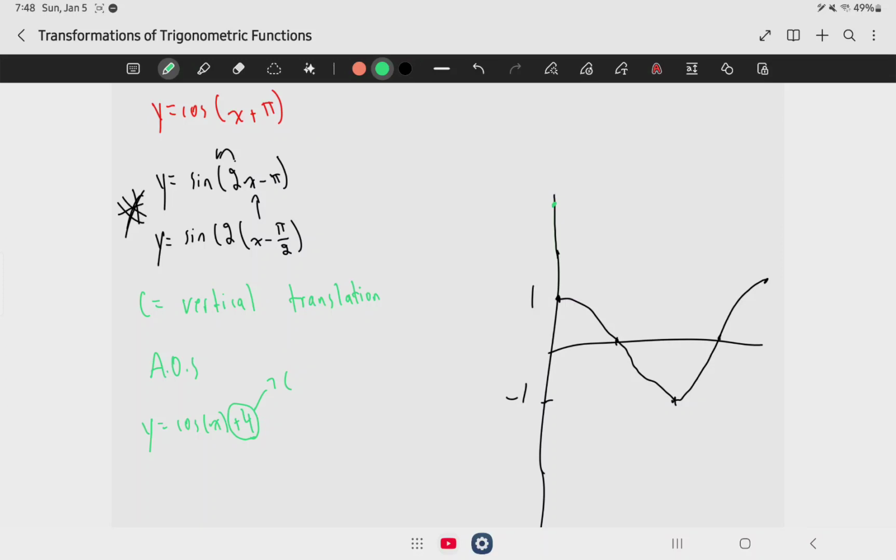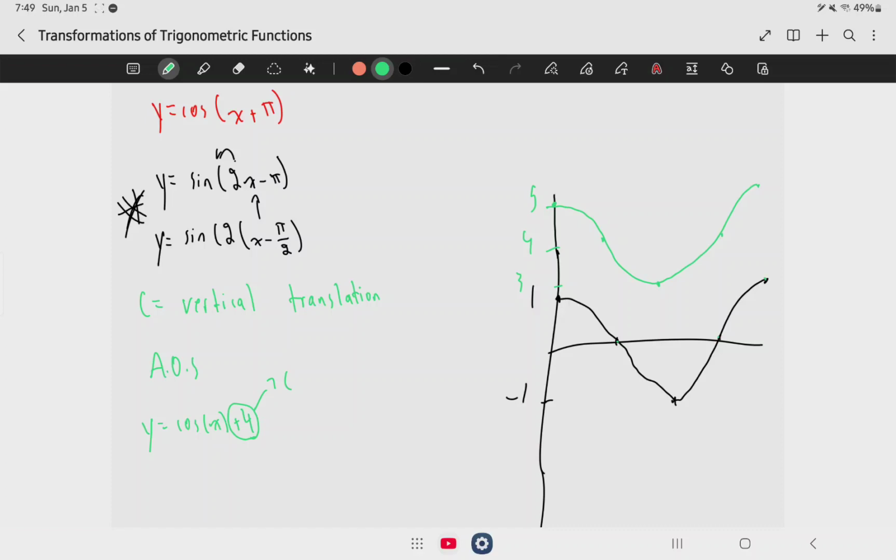Our highest point would go up to 5 because 1 plus 4 is 5. Our 0 will go up by 4, so it'll become 4. Our -1 will go up by 4, so it'll become 3. And then our 0 goes back up to 4, and then our 1 will go up to 5. And that is your new cos graph, which is going to be every point 4 higher than the original.